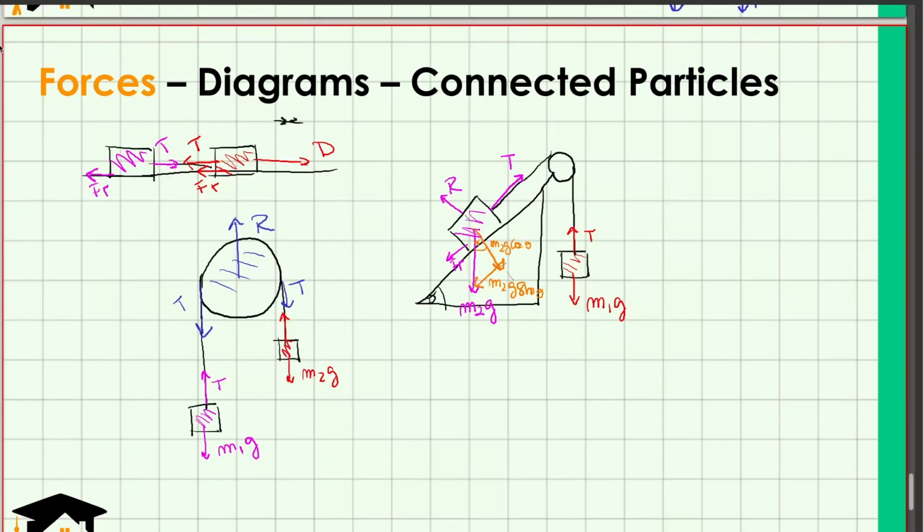And last but not least, the wheel. This wheel has the two tensions, and then it has the reaction. So let's zoom in into this section of the graph.